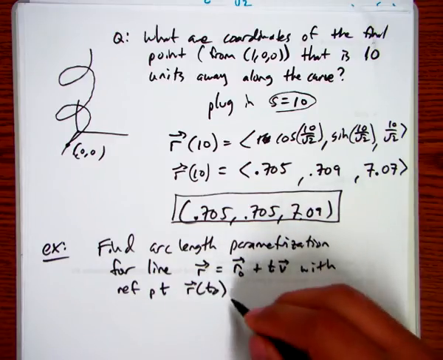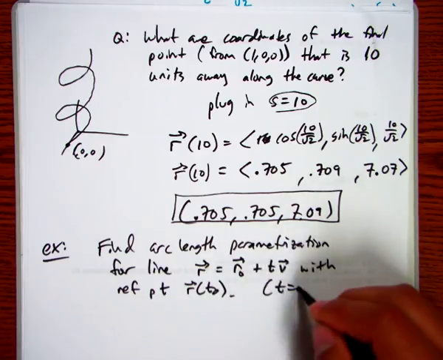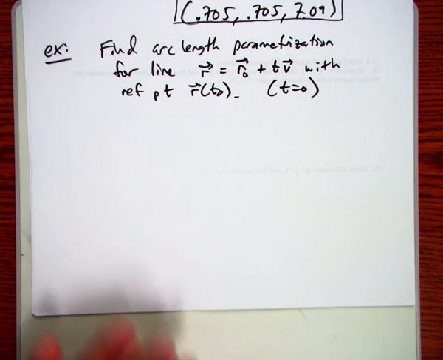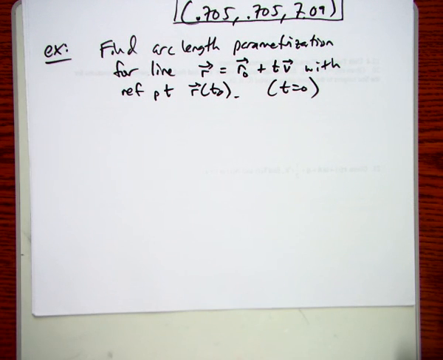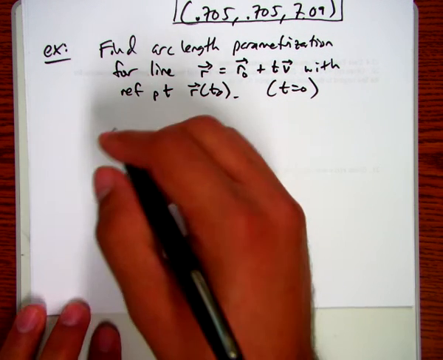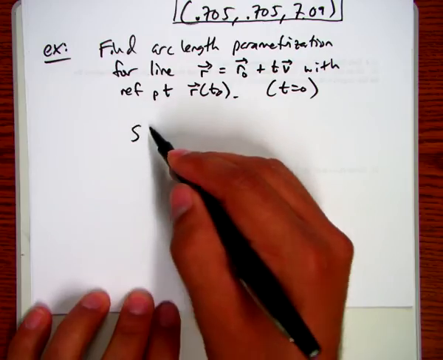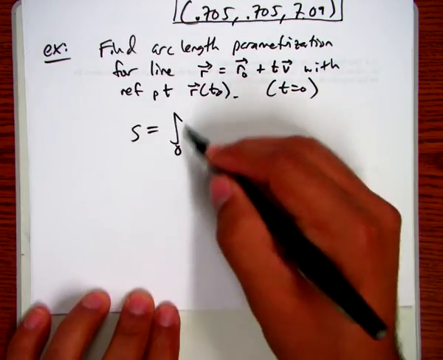So in other words, t equals 0. Okay, we'll go through this quickly. So s will be the integral from 0 to t.